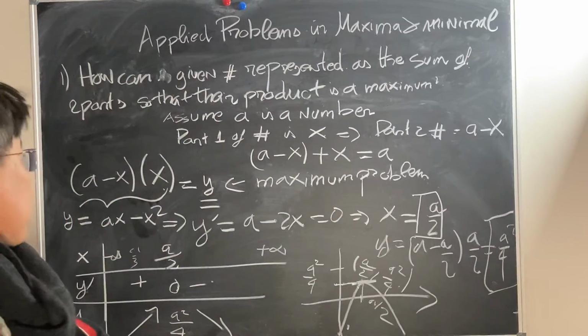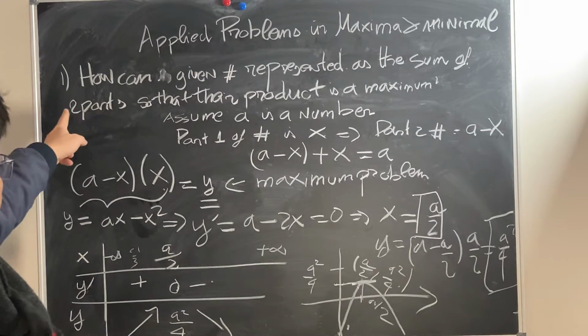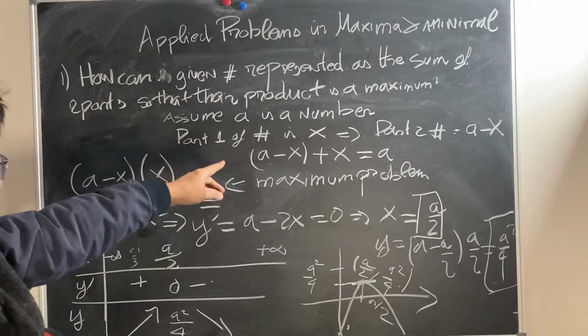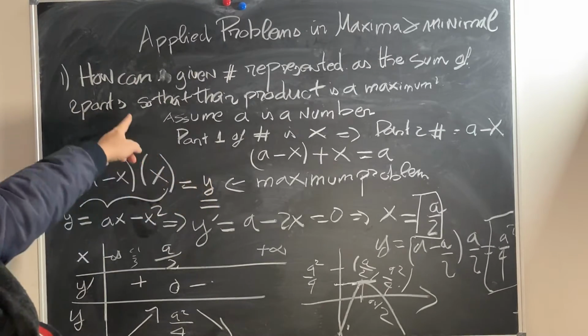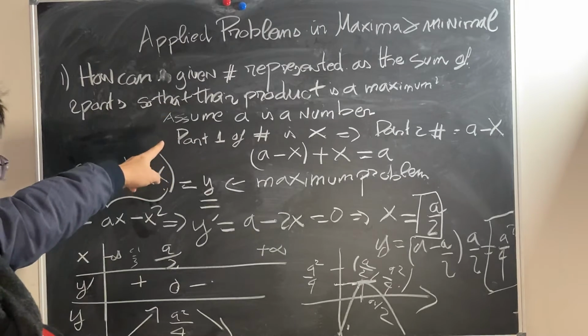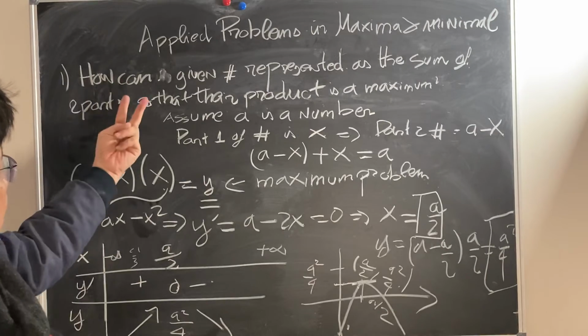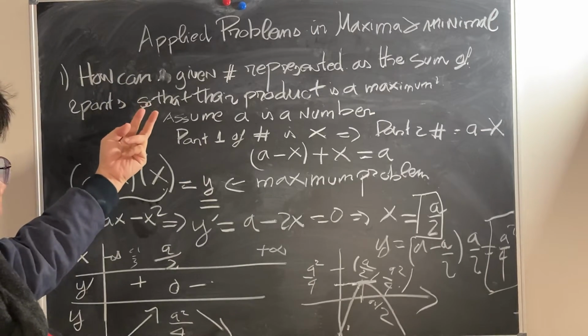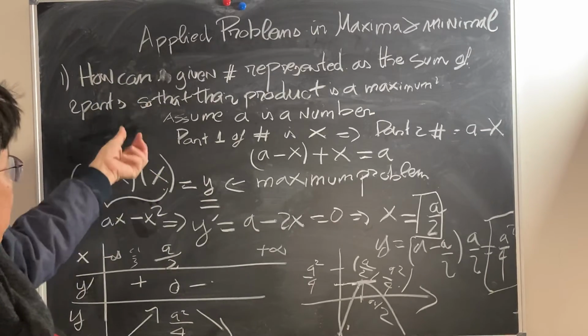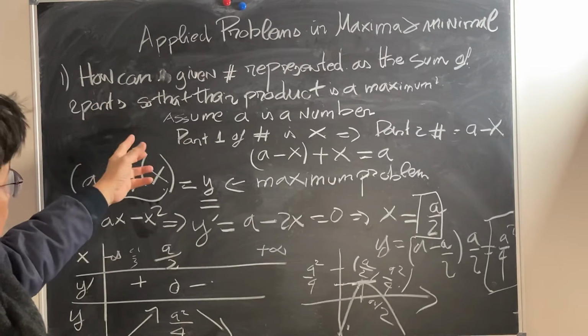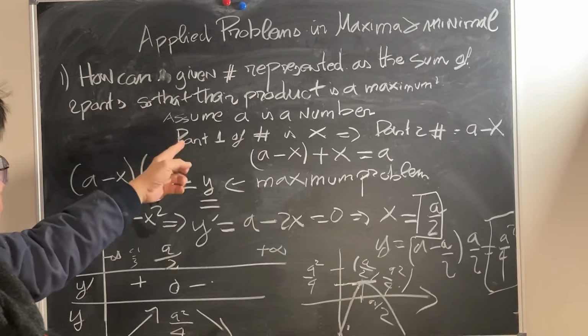Okay, so let me summarize. First, you need to define the variable in the problem. Let's say they have a number, they have 2 parts, and those 2 parts added up equal that number. So you assume a is the number.